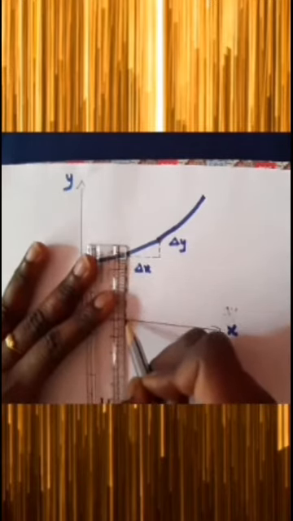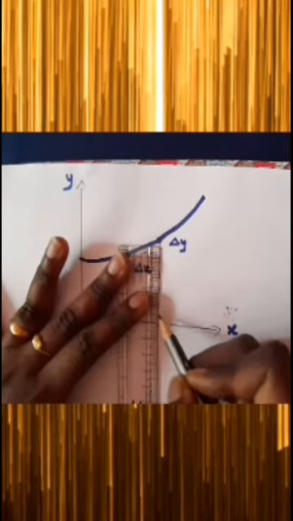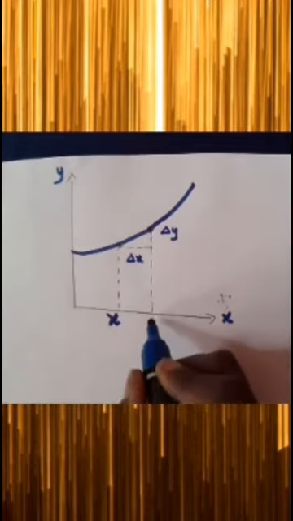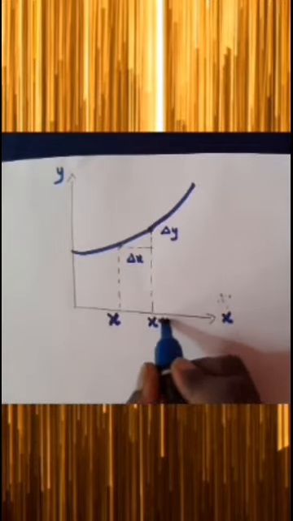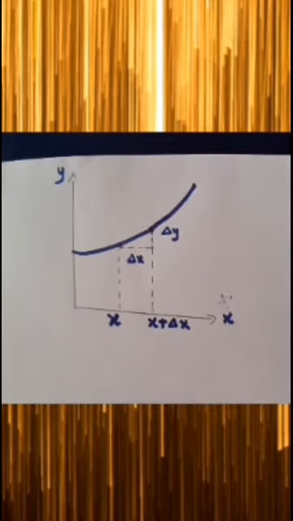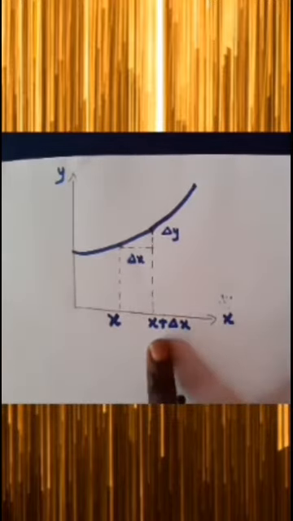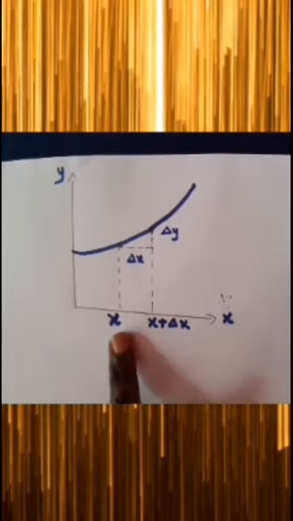I'm drawing the line here. I take this point as x, and this point as the change of x, that is x plus delta x. So what will be the length of this? x plus delta x minus x.